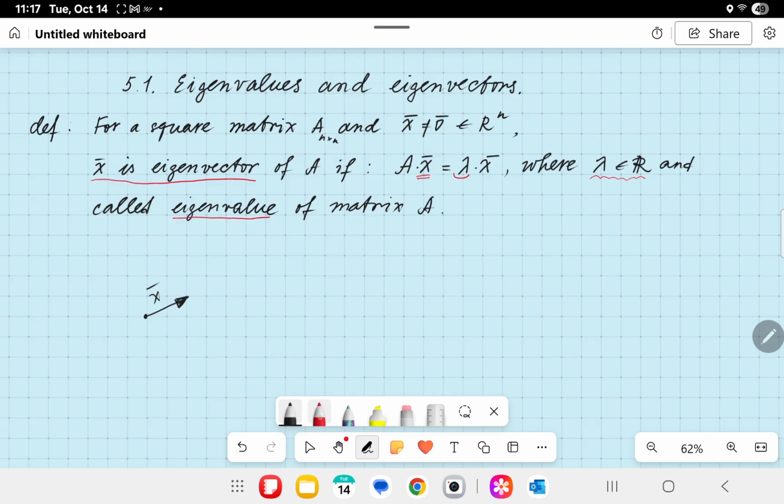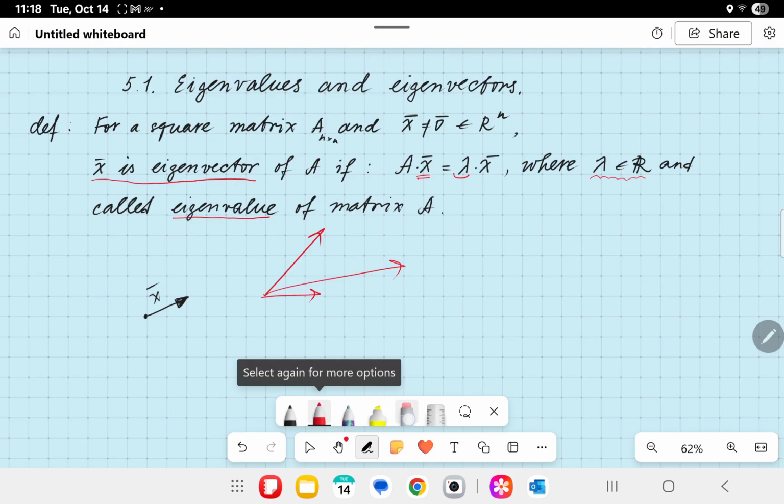Imagine that we multiply this vector x by some matrix A. When you multiply vector x by some matrix A, because the matrix is n by n, the result is going to be another vector with dimension n. And it can go in any direction. The result can go like this, like that, like any. In this case we have two-dimensional vectors, so the matrix is going to be 2 by 2, and the result can be any two-dimensional vector, right?